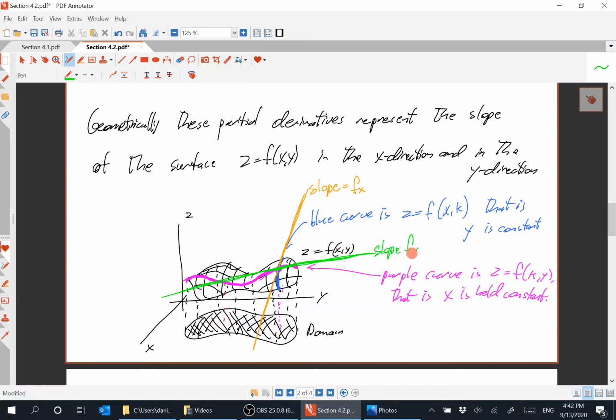Slope is f_y. So the purple curve, you're varying y, and x is held constant. So the slope of that purple curve is the partial derivative with respect to y. And that's the derivative of that surface in the direction of the y-axis.